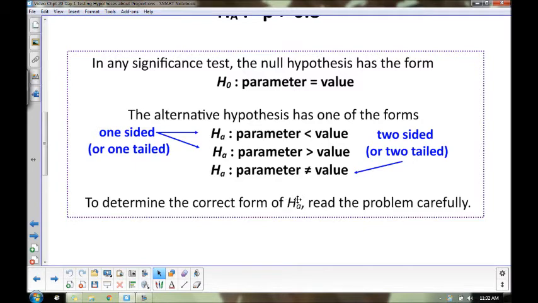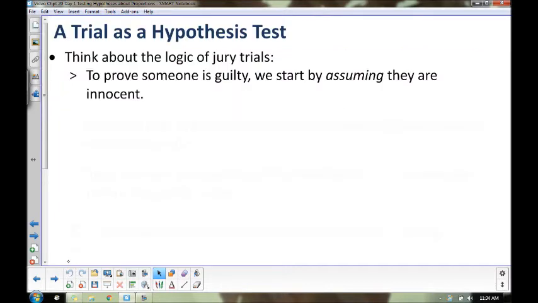Now, the only way that we can figure out what the true alternative hypothesis should be is if we read the problem carefully. Sometimes it will just be whether or not we believe that the null hypothesis was true. And the null hypothesis is true whenever this holds, and it's not true when we're not equal to. But in real life, a lot of times, okay.